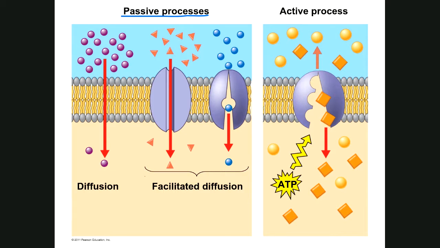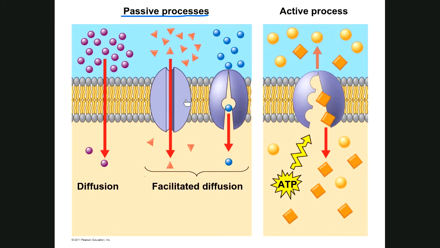If you look here at passive processes, in addition to not requiring energy in the form of ATP, passive processes may or may not require transmembrane proteins. If the passive process does require transmembrane proteins, the protein can be a carrier protein, which is here, or it can be a channel protein, which is here.